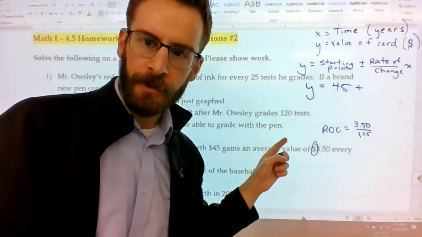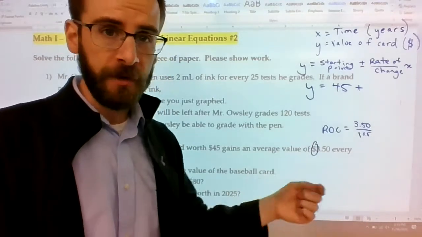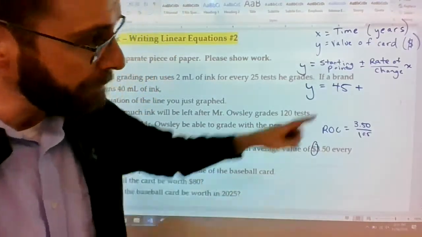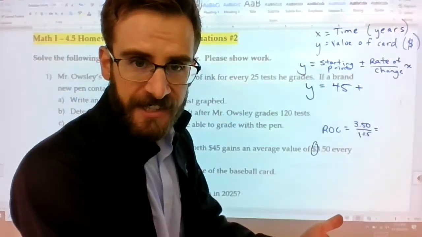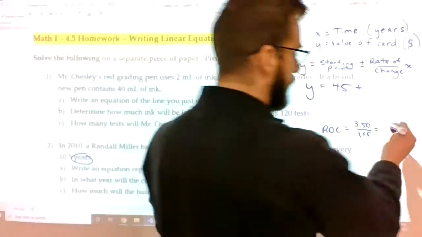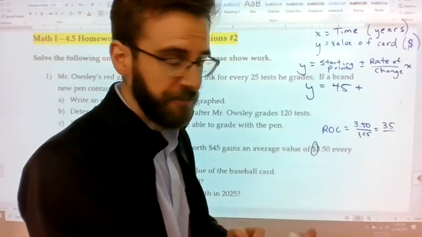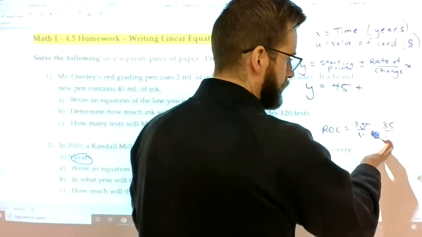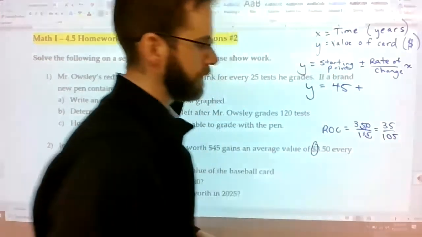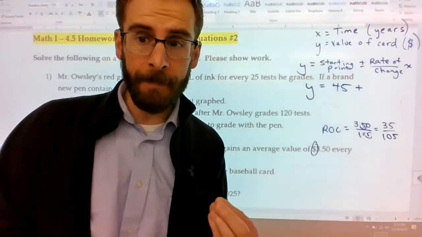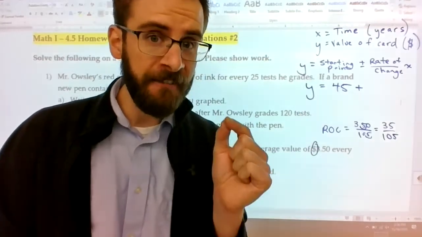Now, you know what? I don't like decimals and fractions like that, especially 3.50 over 10.5. So before I plug it into my equation, I'm going to say 3.5 is the same as 35 on top over 105 on the bottom. So I multiply top and bottom by 10. And it just so happens that both 35 and 105 are divisible by 35.